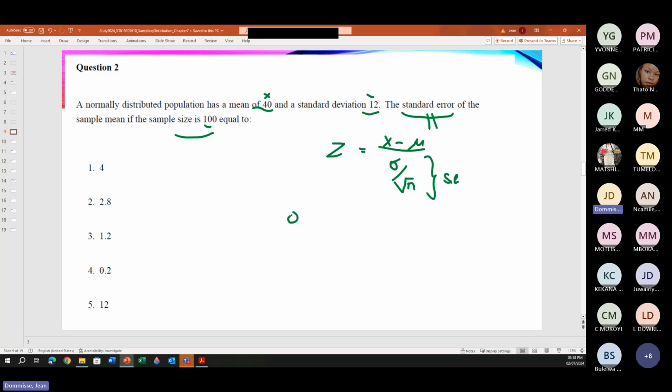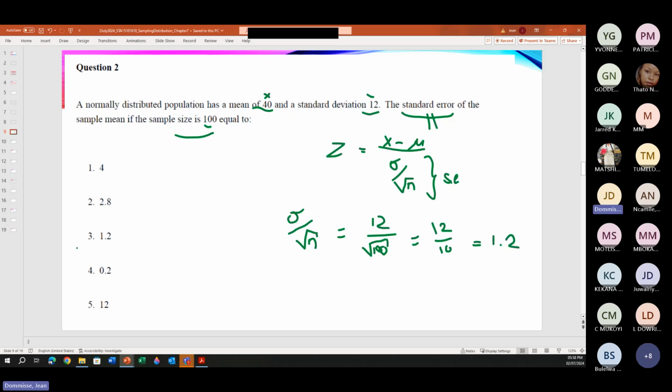So standard error is standard deviation divided by square root of n. So in this instance, it will be 12 divided by the square root of n, which is 100. So it will be 12 divided by 10, which is 1.2.